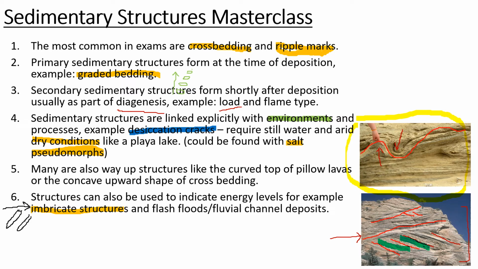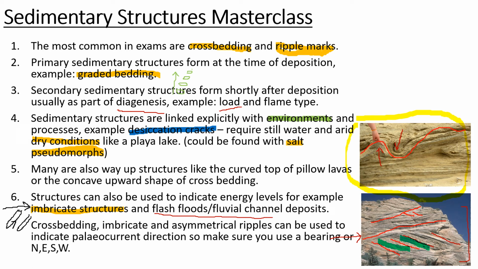So that is tilting the pebbles over, so they are dipping in an upstream direction. Now that's characteristic of a flash flood or a fluvial channel deposit, right where the water is moving at its quickest. The imbricate structures also, of course, indicate your paleocurrent, which I just mentioned.